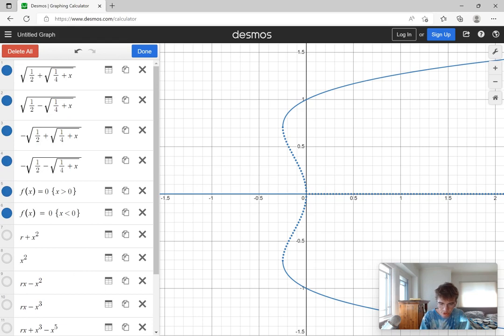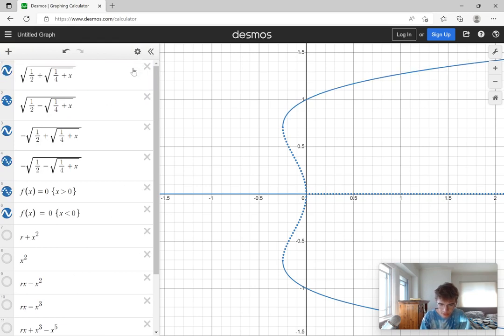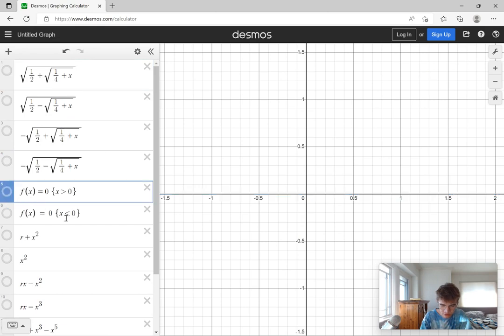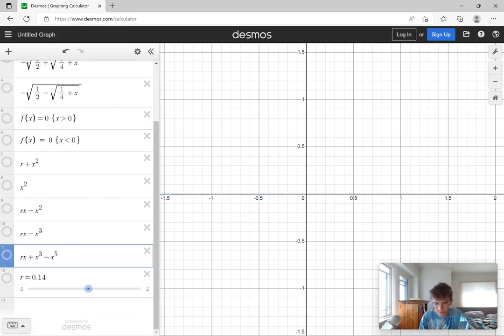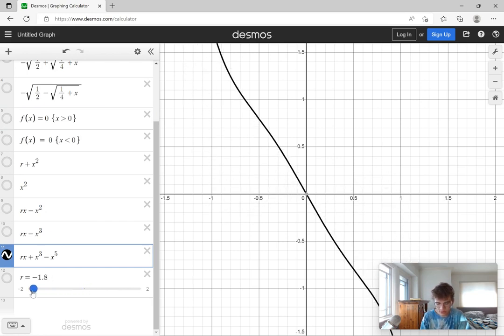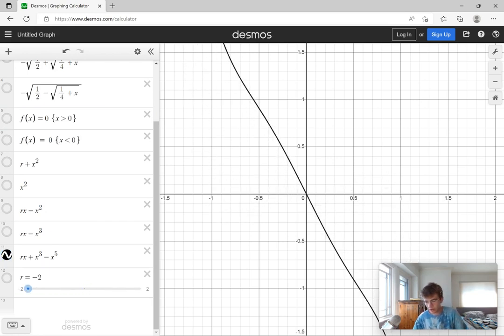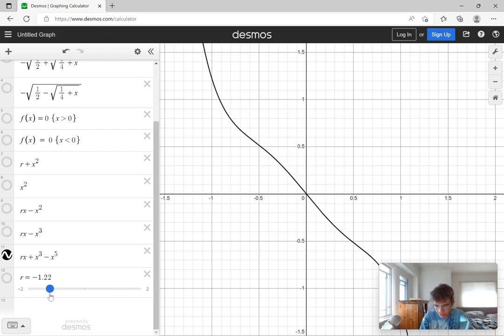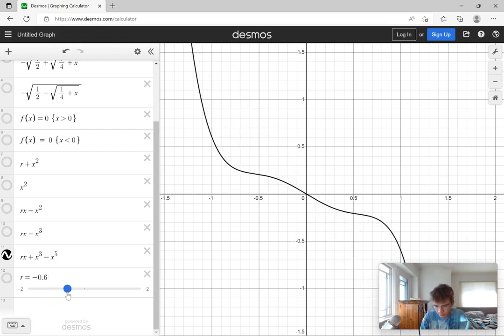Now, one last thing I'll show you on this model here is that if we just look at our original f of x and we vary r. So say we start r at some very negative value, okay? As we start to vary r, we'll see what happens to the curve f of x.